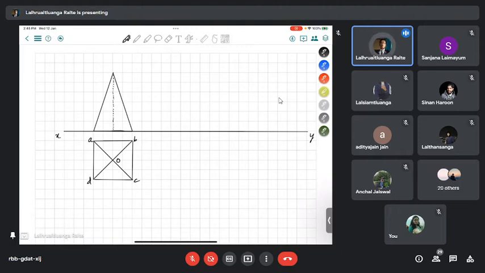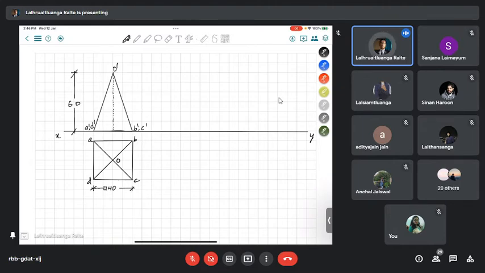For the front view, where S, A and D are projected at one point, it's going to be a dash, d dash, b dash, c dash, and o dash. Forty in dimension, 60 in dimension. First condition is clear.